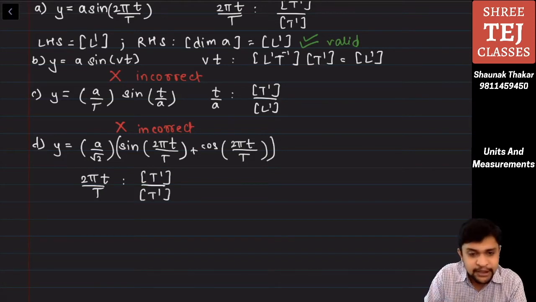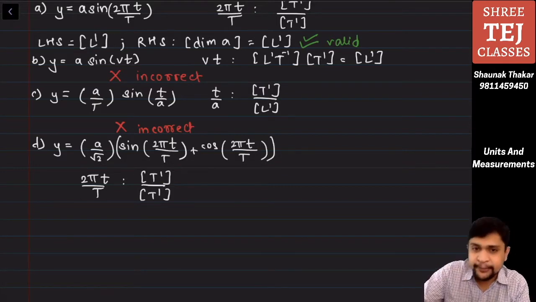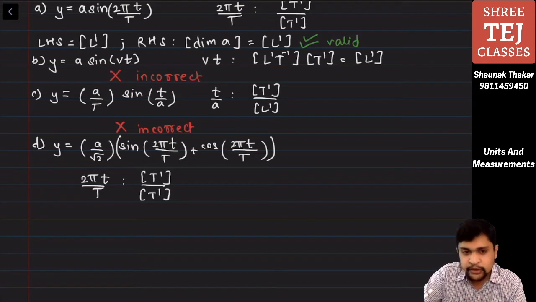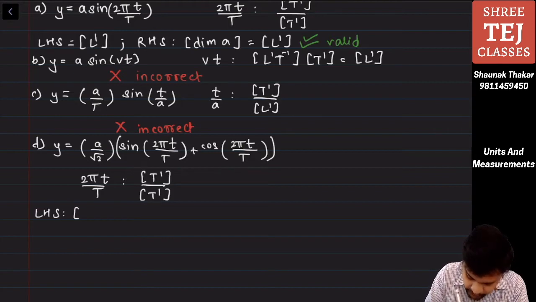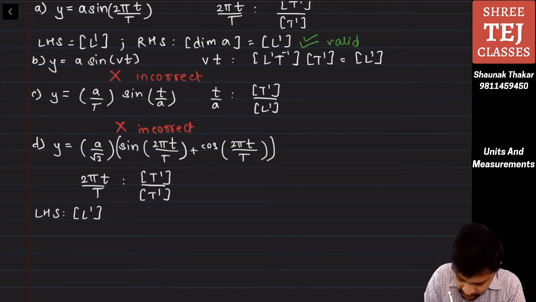Because it is dimensionless, we can take sine and cos of this value. After taking sine, it is dimensionless. After taking cos, it is dimensionless. We can add two dimensionless quantities. So that is also valid. And what about the final one? LHS is L raised to 1 because LHS is y.